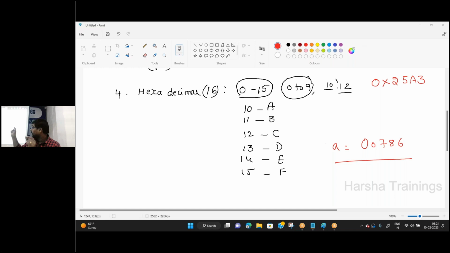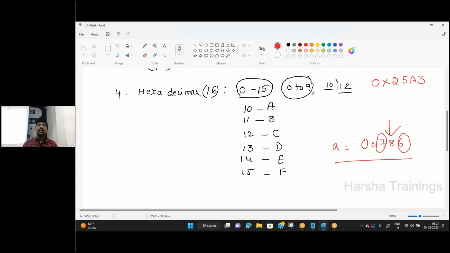Understand carefully. If a number is prefixed with 0o, that alone does not make it an octal number. Again you have to follow one thing: check each and every digit is in the range of 0 to 7 or not. 7 is in the range of 0 to 7. 6 is in the range of 0 to 7.